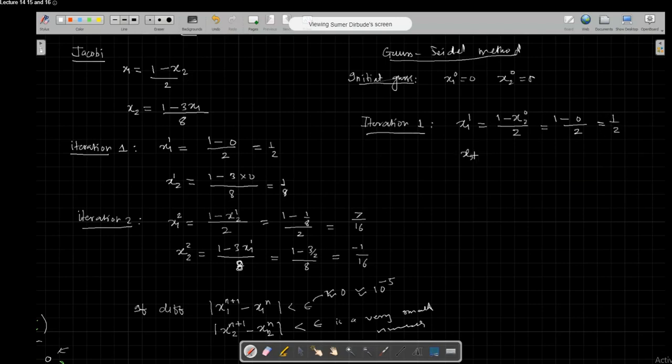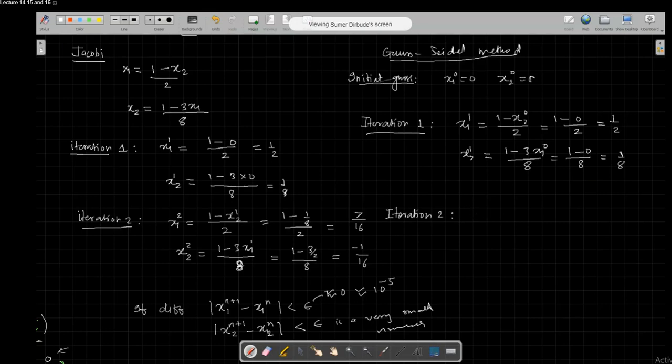And x2 1, first iteration value, 1 minus 3 of x1 0 divided by 8, 1 minus 0 divided by 8, again 1 by 8. Oh, what happened? At first iteration, we got the same values. So, we do not see that much difference in the first iteration. So, let us go to iteration, the second.